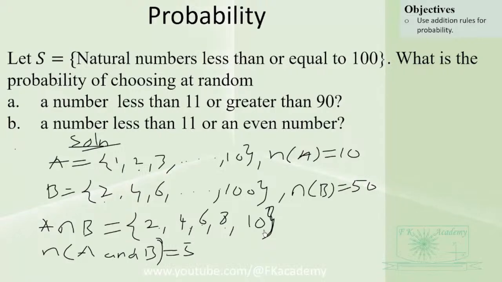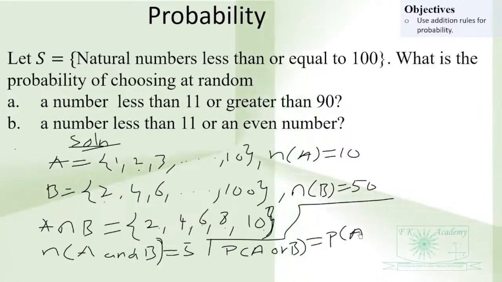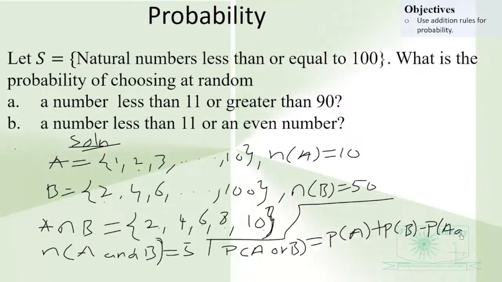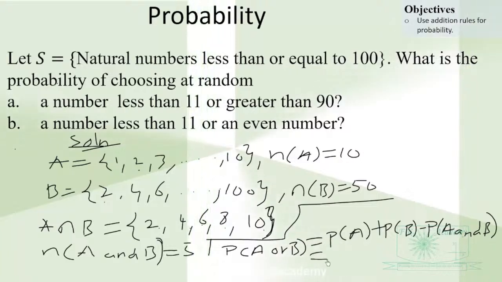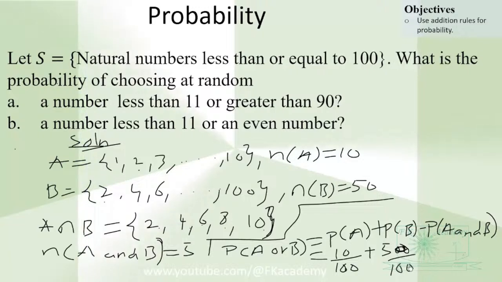So in this case, the probability of A or B will be equal to probability of A plus probability of B minus probability of A and B. So this will be equal to probability of A is 10 over 100 plus probability of B will be 50 over 100 minus 5 over 100.